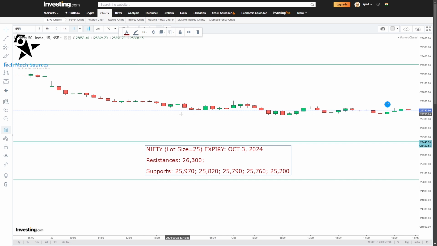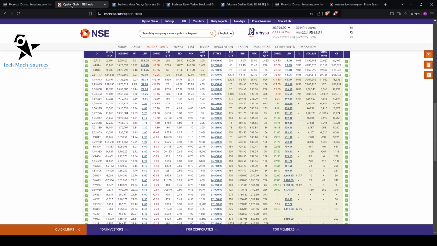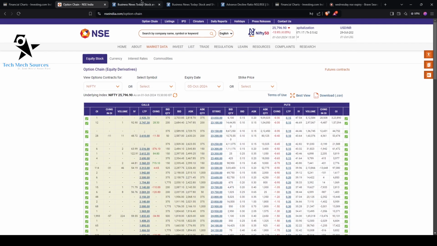Now what about if we want to see the options, the option chain of Nifty 50. So you can see here, this is from NSEindia.com. This is Nifty, and I am talking about Nifty index. Expiry date is 3rd of October.